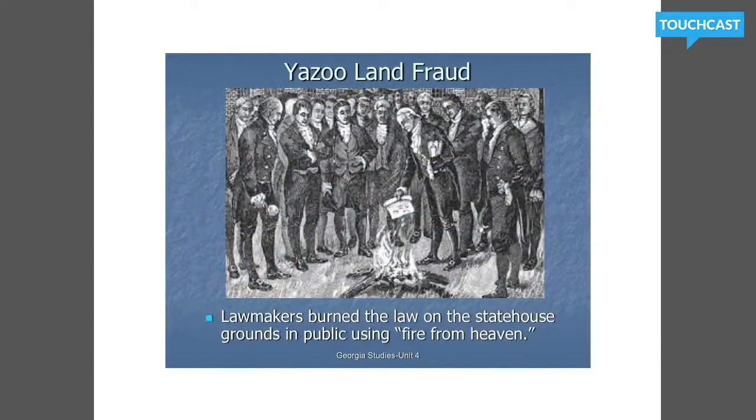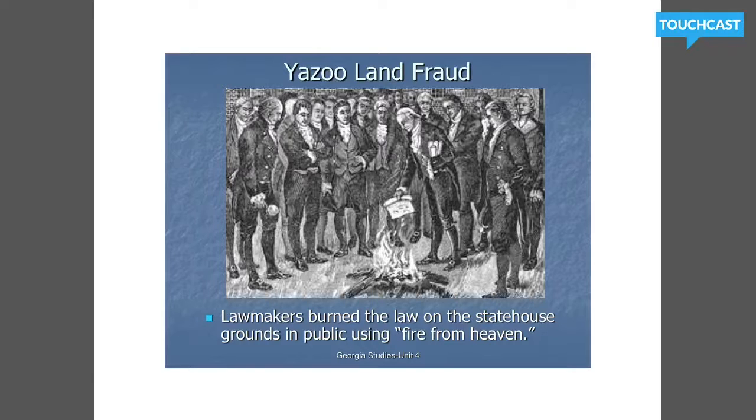One of the most famous images in Georgia's history is the painting or the illustration known as the burning of the Yazoo Act, which shows James Jackson, that U.S. senator who resigned his seat in Washington to come back home, and others standing around the Yazoo document that was being set ablaze.